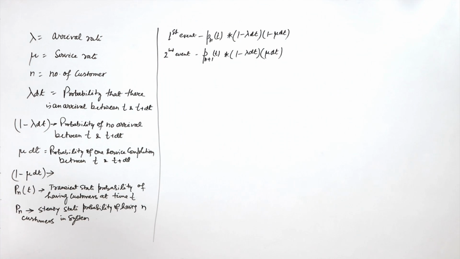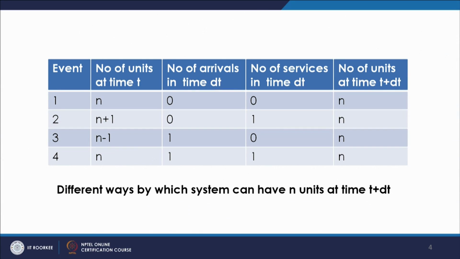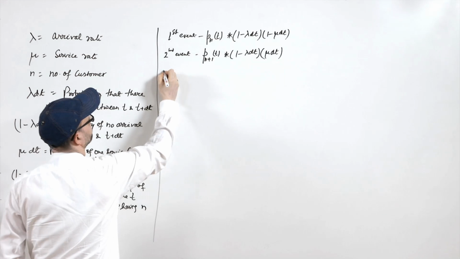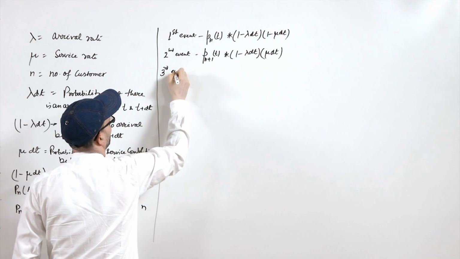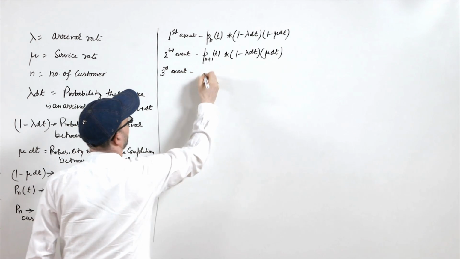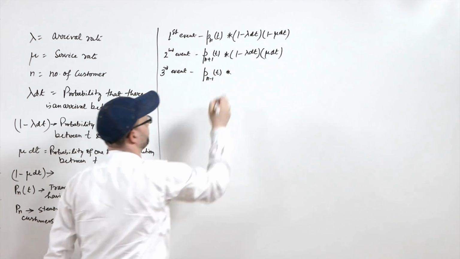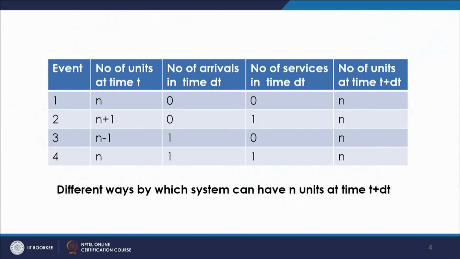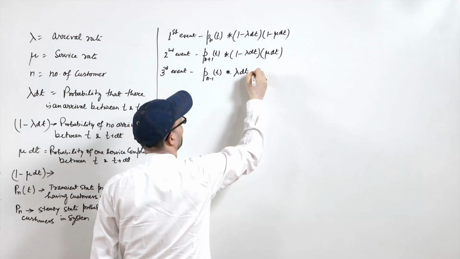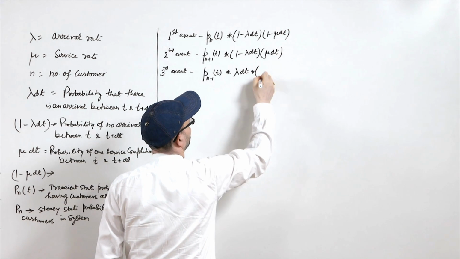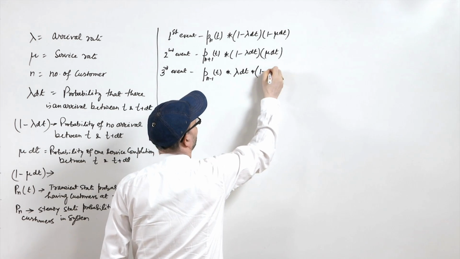Similarly, in the third case you have the probability of having n minus 1 customers at time t, so p n minus 1 t, multiplied by 1 arrival and 0 departure. So, 1 arrival means lambda dt, multiplied by 0 departure, 1 minus mu dt.